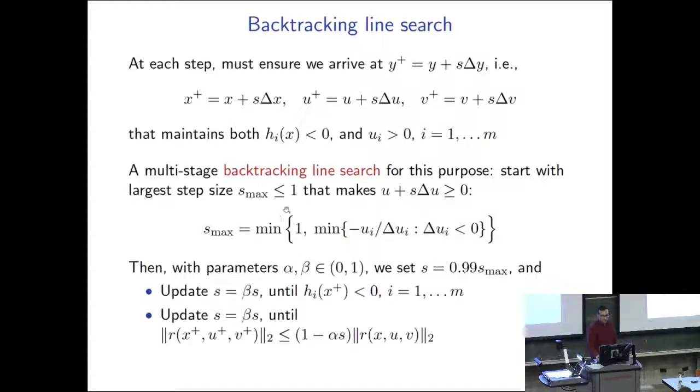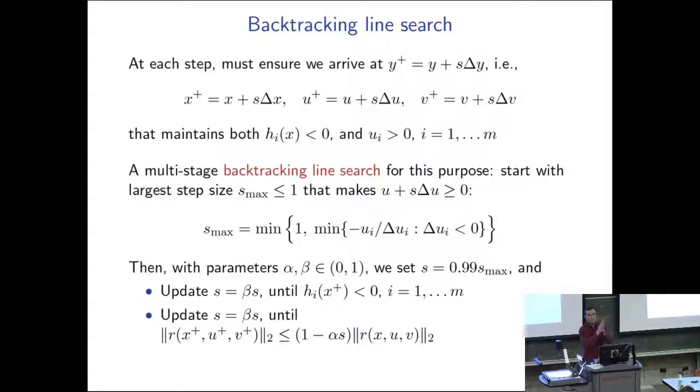So we can always start at 1 and figure out where to go from there, taking smaller steps. We're going to first figure out the largest step size that keeps the dual iterates strictly positive. So I have some given direction delta u I calculated. I have some vector u that I have in hand. And I just look at every component.